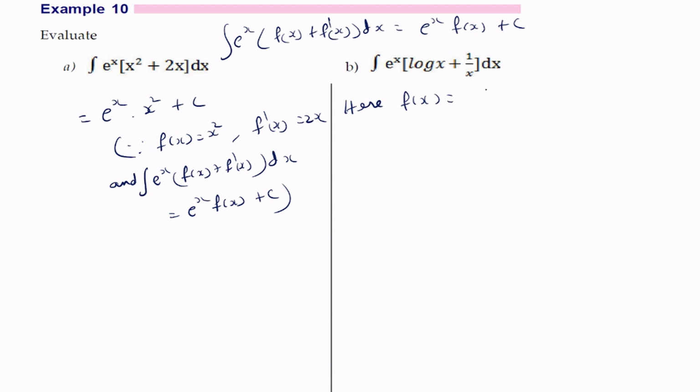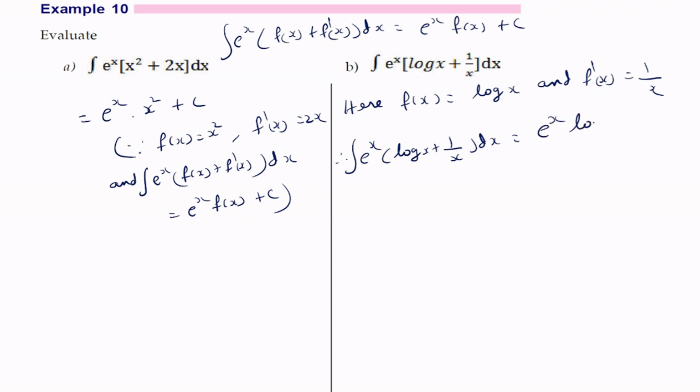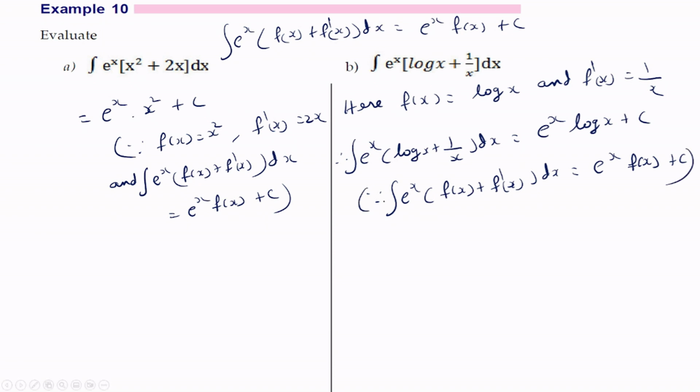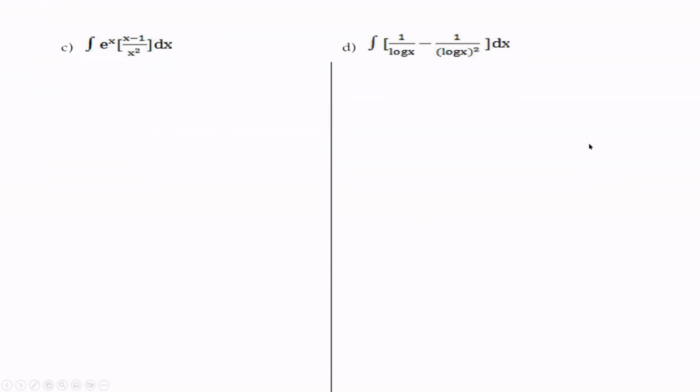Therefore, integral e raised to x into log x plus 1 by x dx is equal to e raised to x log x plus c, since integral e raised to x into f of x plus f dash of x dx is equal to e raised to x f of x plus c. So using this, we can write this integral as e raised to x into log x plus c.